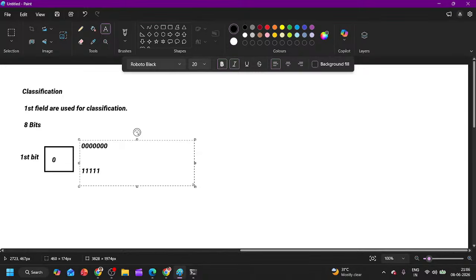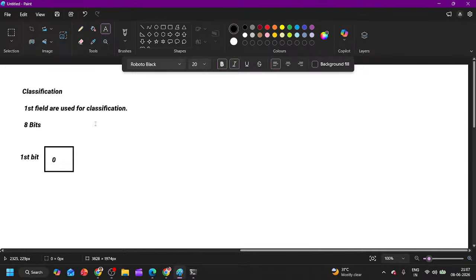Like in IP addressing, as I said, if all the 32 bits are zeros, you will get the minimum value. If all the bits are 1, you will get the maximum value. Similarly, in the first octet we have 8 bits. I have reserved 1 bit, that is 0. Now we have 7 bits. So if all 7 bits are 0, then I get the minimum value. If all the 7 bits are 1, then I get the maximum value, 127.